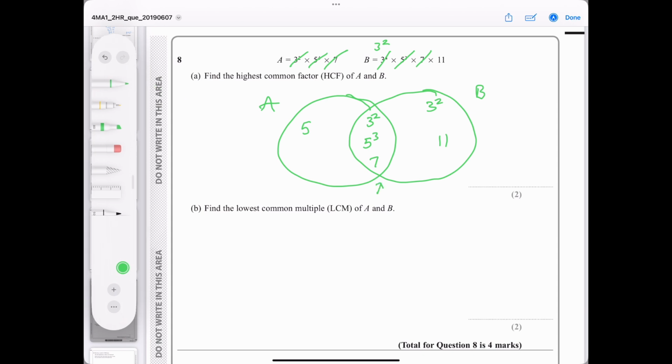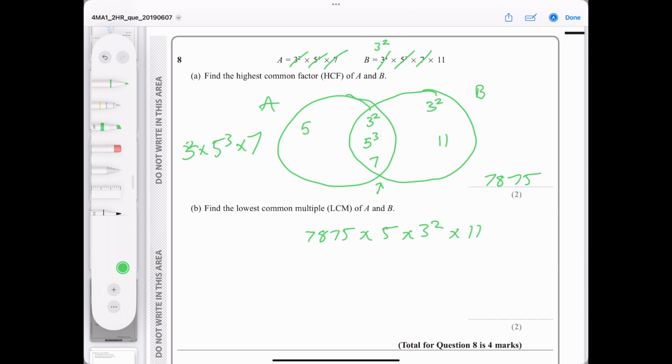So it's going to be 3 squared times 5 to the power 3 times 7, which is 9 times 125 times 7 equals 7875. And the lowest common multiple is the union of A and B. So it would be the middle, 7875, times 5 times 3 squared times 11.